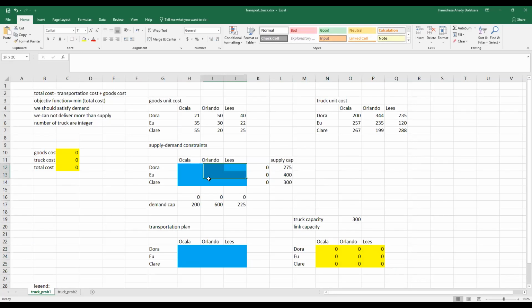And based on the upper blue table, I can understand how many goods I'm sending from a specific supplier to customer.